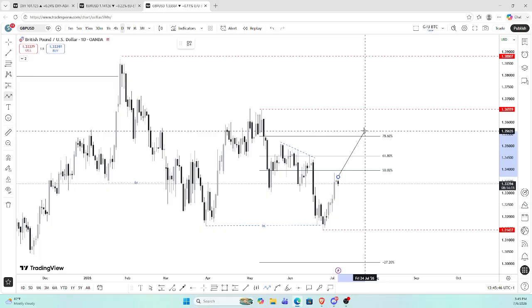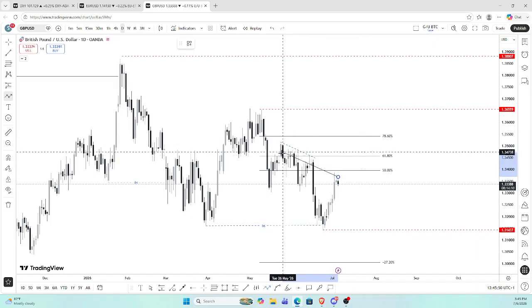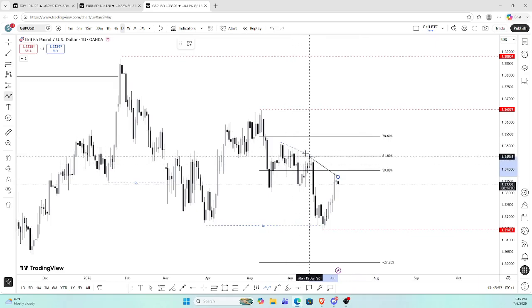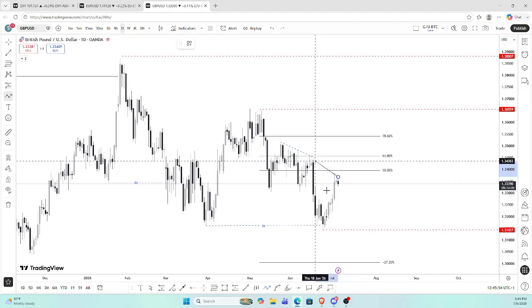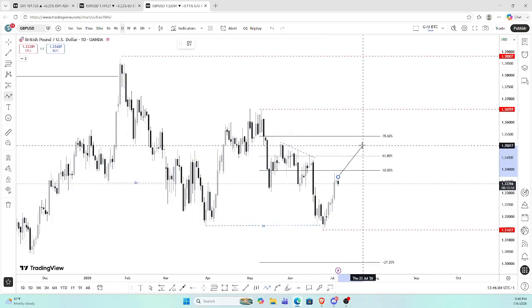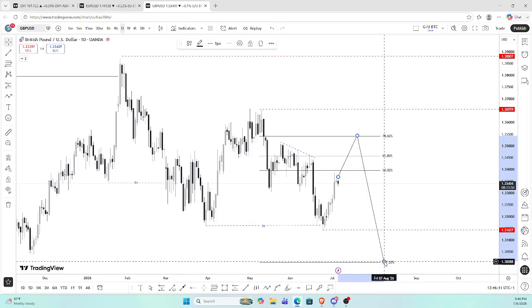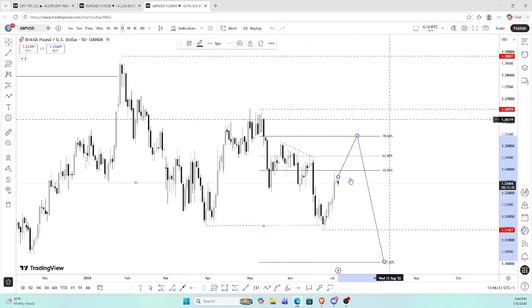If we look carefully here, we can see that we have very good internal liquidity at around 50% and 61.8. So I think it would be very fair for the price to take all this internal liquidity to fuel this move lower. And so that's my analysis on the daily time frame.